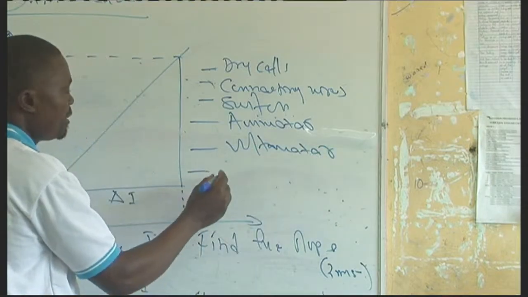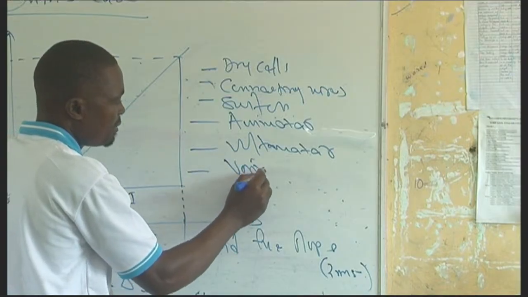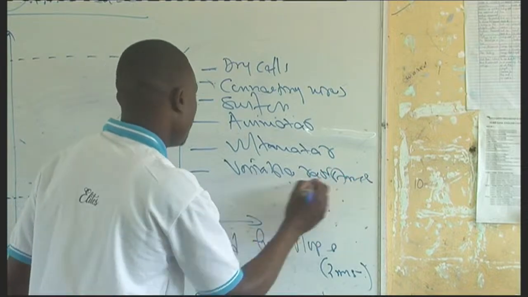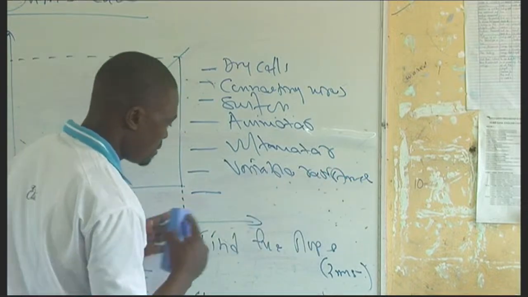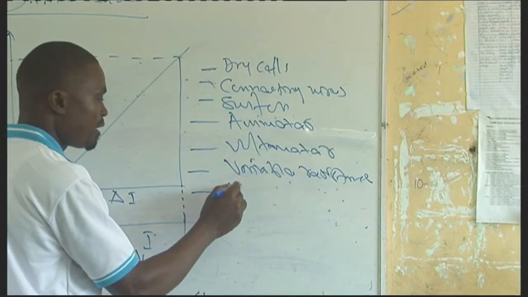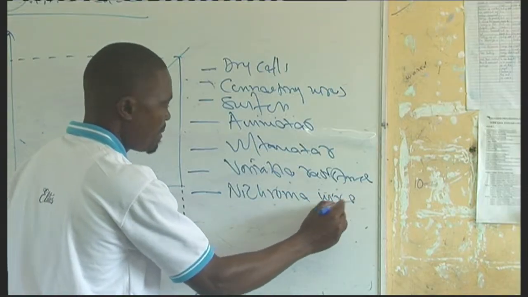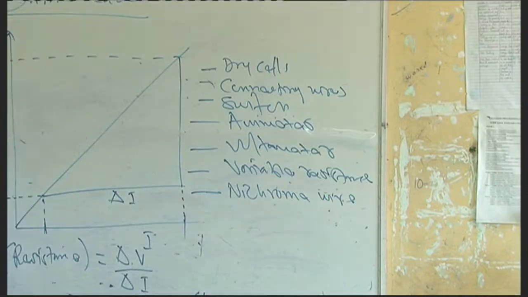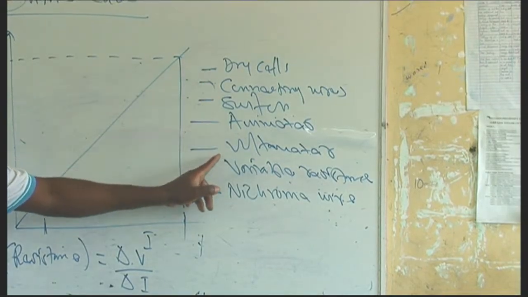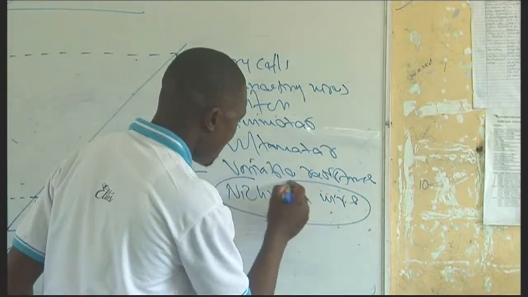We are also having a variable resistor, which will either be a potentiometer or a rheostat. Then you are having a nichrome wire. Maintaining all these apparatus except the last one, this last one can be changed.